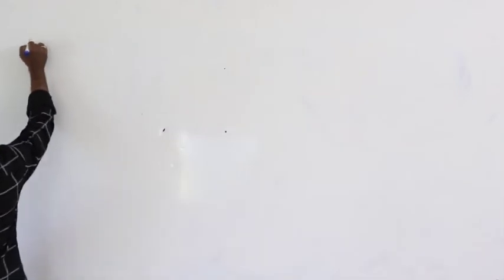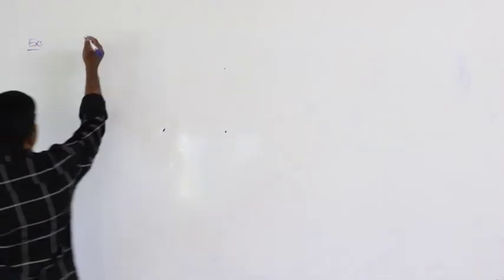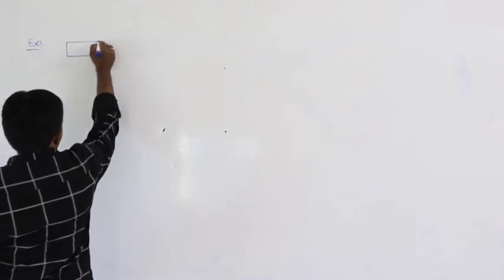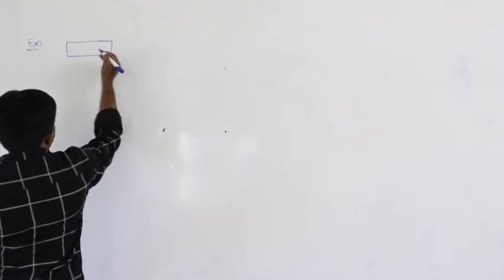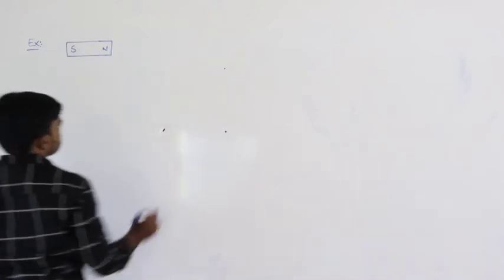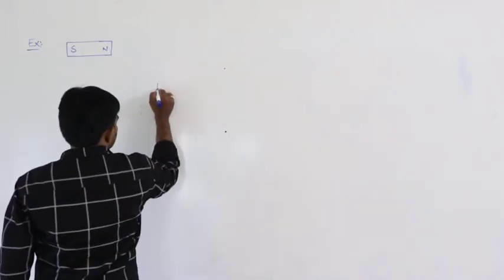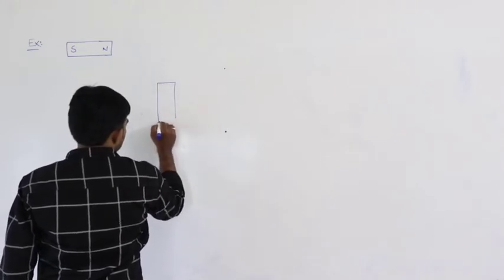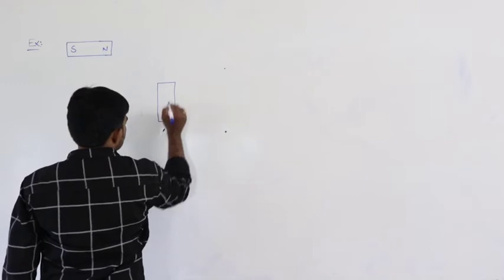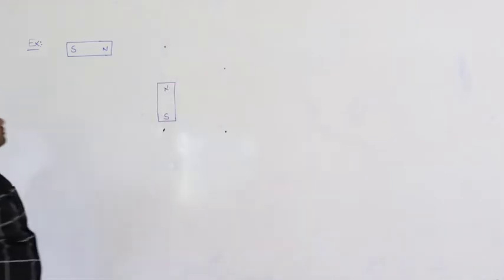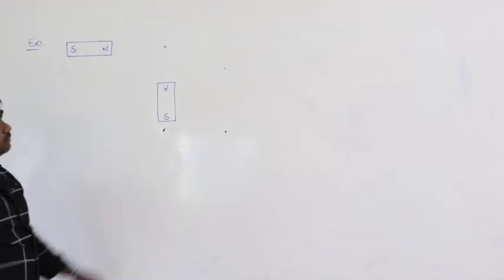Let us say, for example, this is one magnet, and it is south north. Next, this is another magnet, and it is also south north. Let us say at this position, what is the resultant magnetic field?